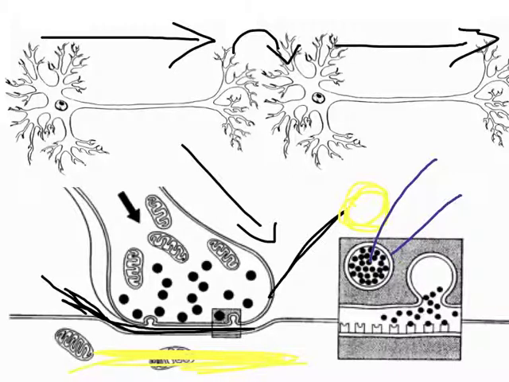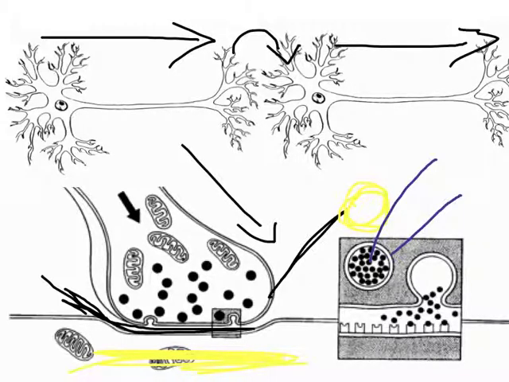Now, this is the cool part. Step 6. Once those neurotransmitters bind to the postsynaptic membrane, it causes the cell signal to be sent. If this is another neuron, the postsynaptic neuron, then that neuron will begin an action potential.